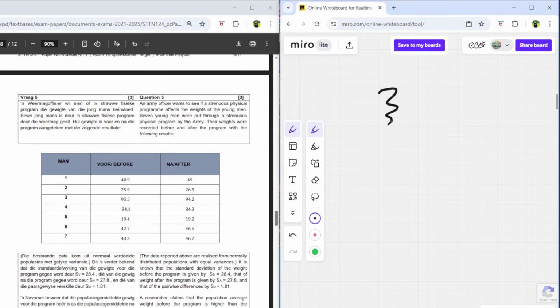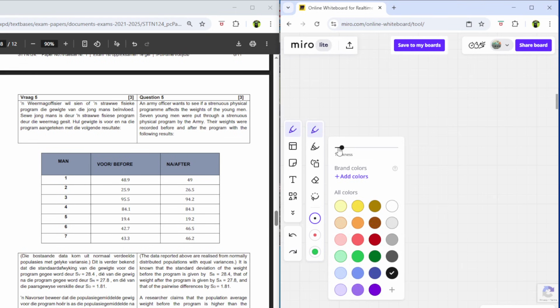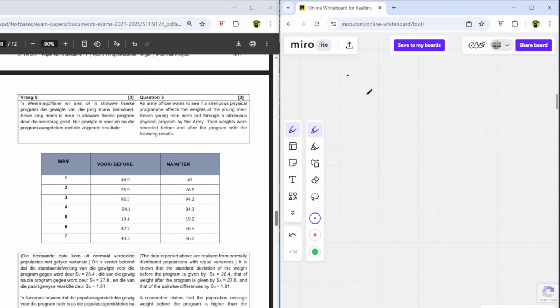Here we are testing before and after. The moment you see before and after, know that you're dealing with two dependent populations.